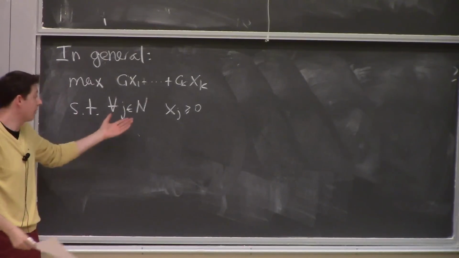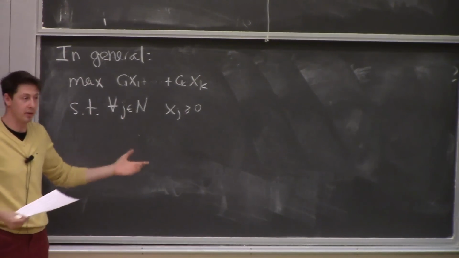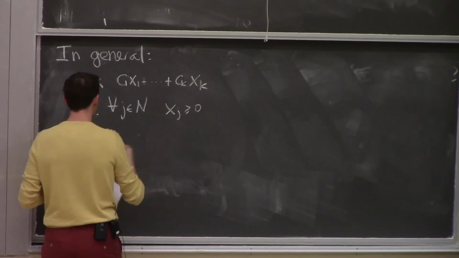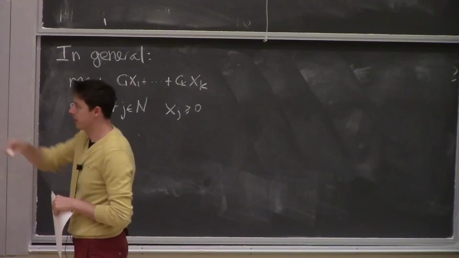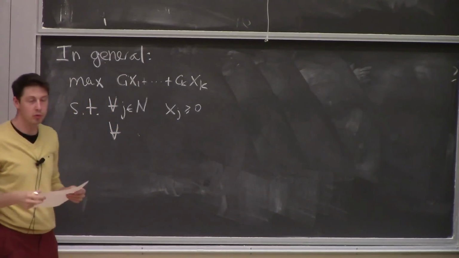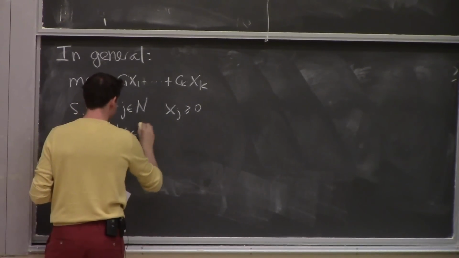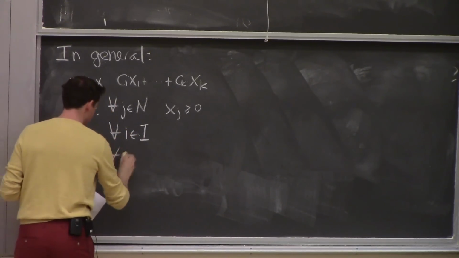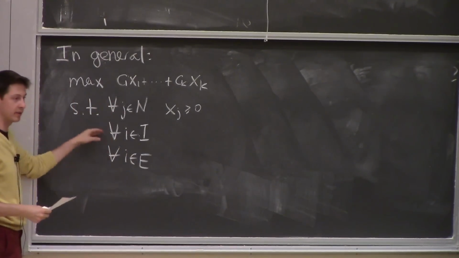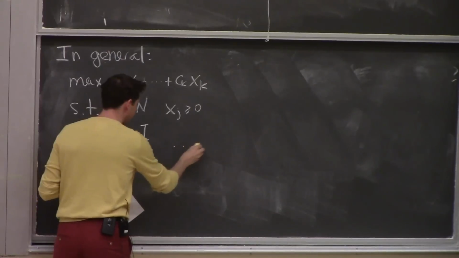Maybe all of them are non-negative, maybe none of them are. In general, it's some set of things that must be non-negative. Then we have the constraints proper, the things underneath. And here we have two disjoint sets. We can call them either inequalities or equalities. These are the two index sets. It says, if your i sits in here, then we're going to write an inequality.